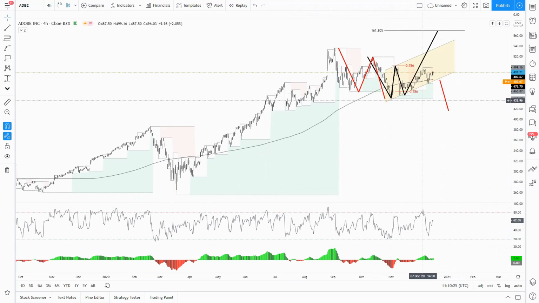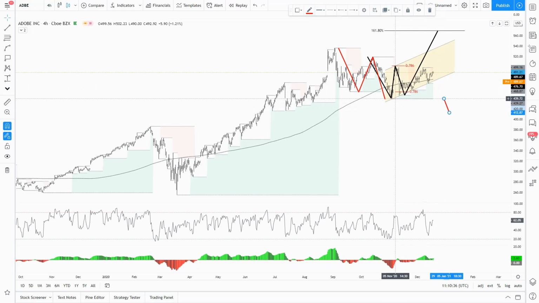So let's see if the market will fall below this structure. Actually, I need the price to fall below this 440. So if the market starts to trade below, we should search for that divergence between the most recent lows.